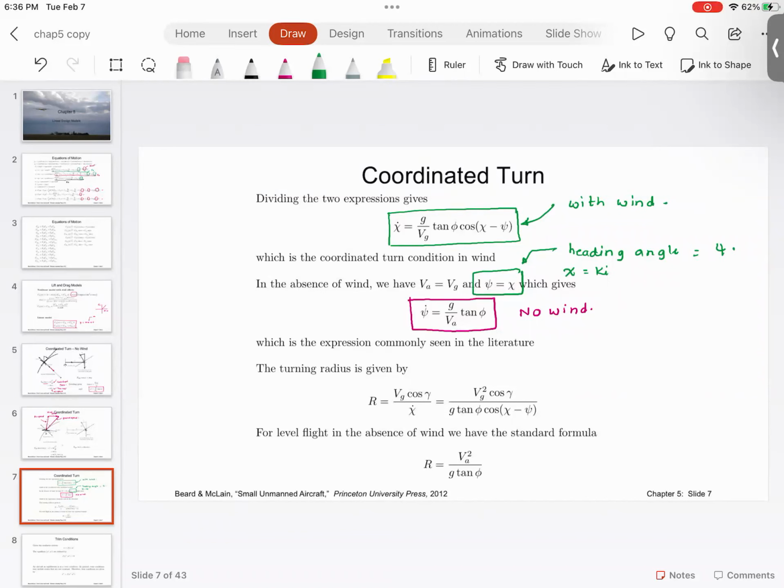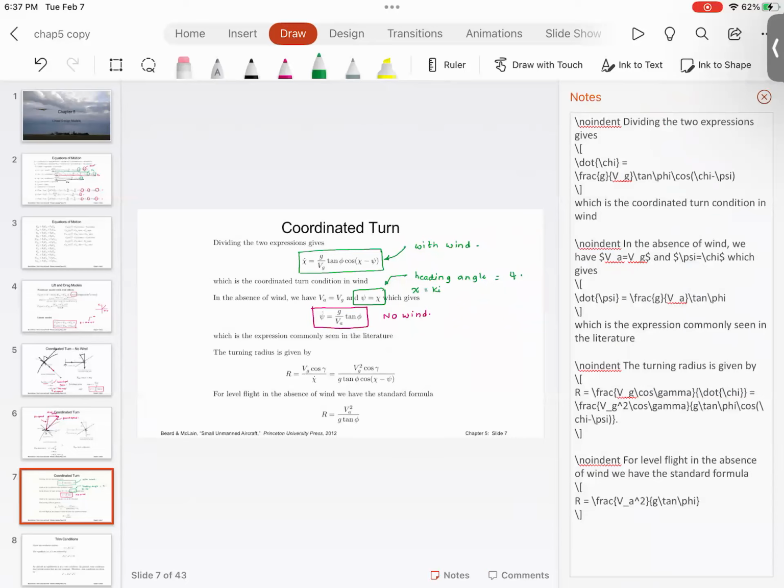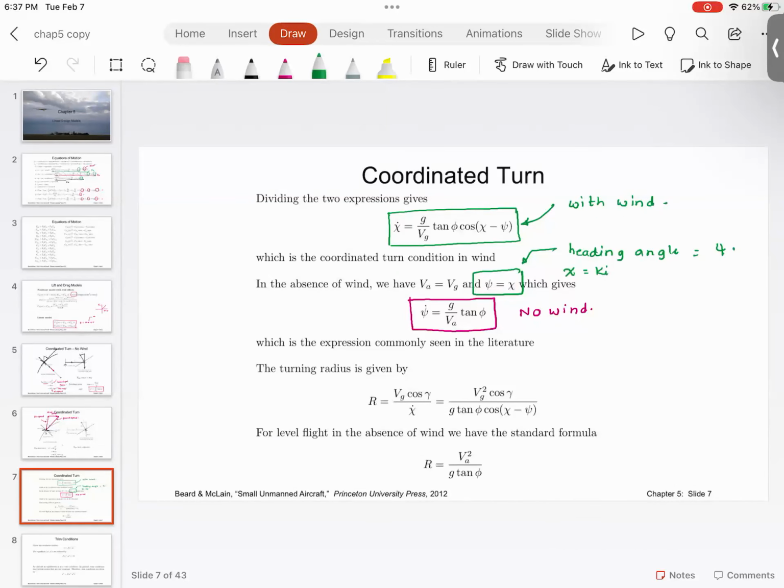So a Boeing 747 has a larger turning radius compared to a Cessna. Those turning radii are dependent on the airframe, on the airspeed, and on the value of heading angle or heading rate. So these two expressions are very important.